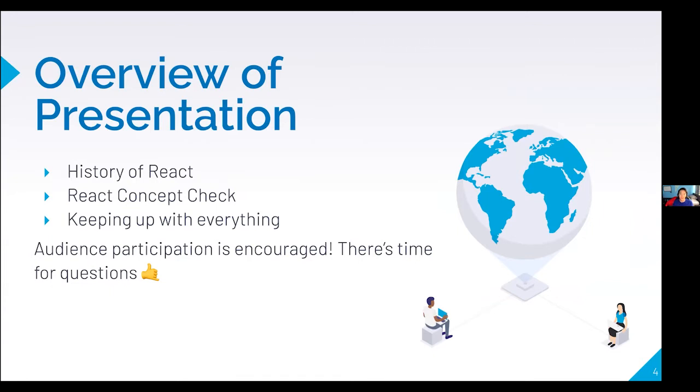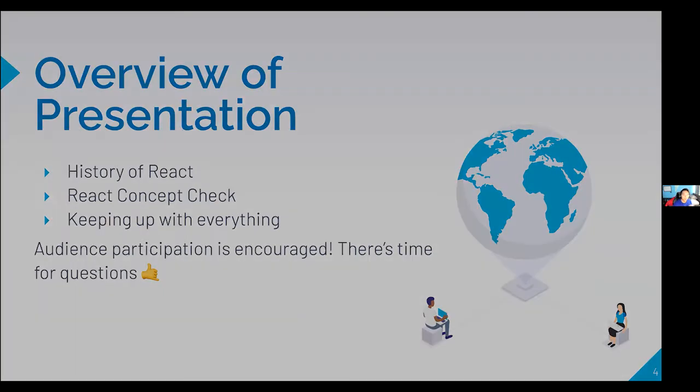There's so much going on all the time, and it's important to know how to filter what's important. Audience participation is encouraged, and there is time for questions, so just ask in the chat.